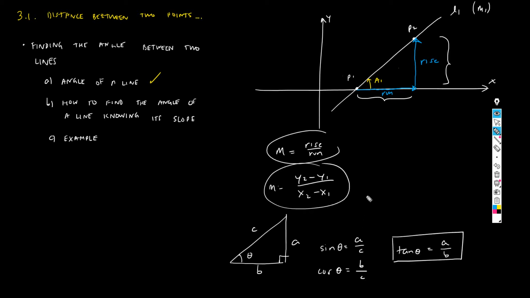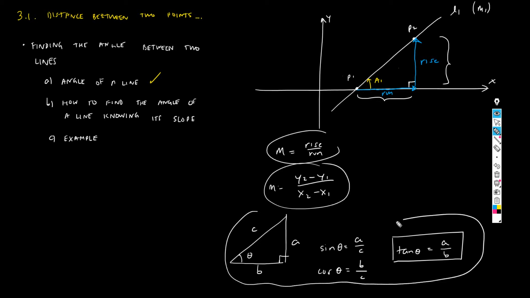Why? Because if you notice in here, we also have a right triangle, okay? We have an angle in the right triangle, and we know the rise and the run. So basically, we know these catheti and these catheti. So I can use these definitions and write the following.